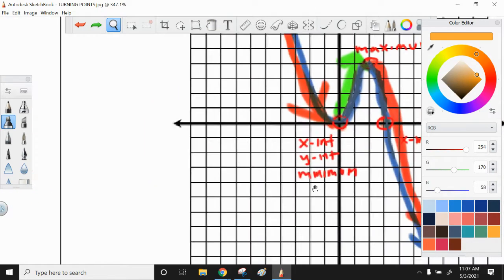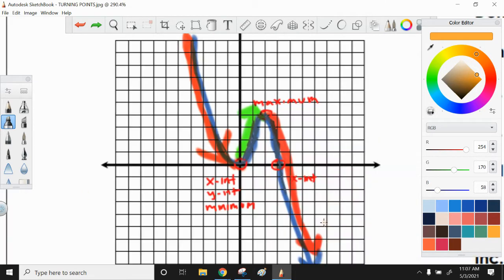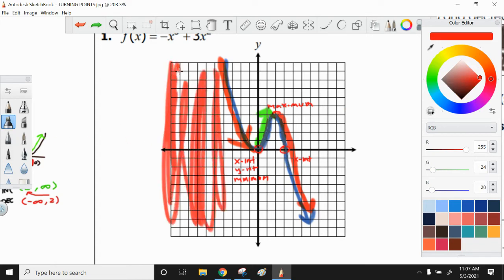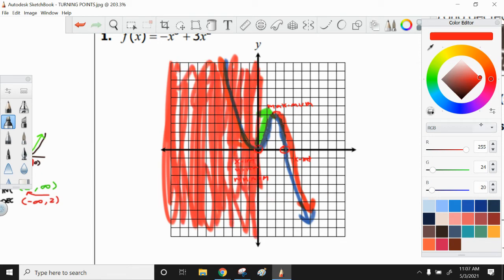Okay, all those being said, look at my function here. You almost want to think of it like this, and maybe this is going to look ridiculous. This whole region here is the region where my graph is going down, right? Here it is, down, down, down, down, down, down, down. I'm going down this whole time.